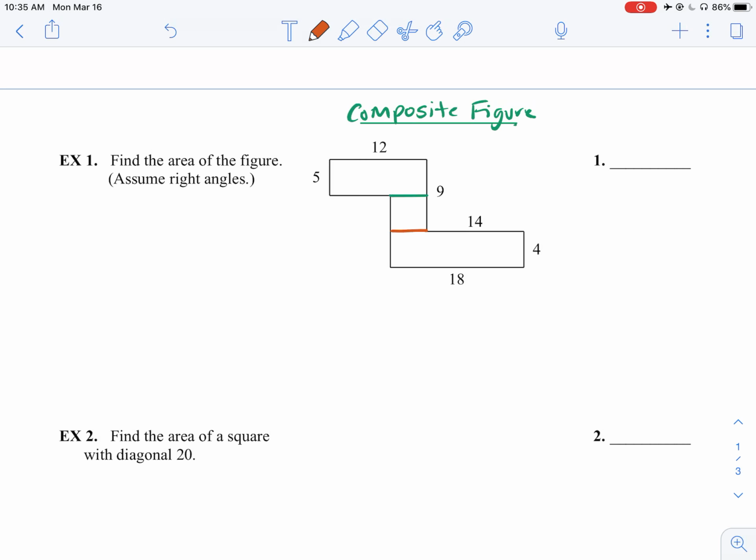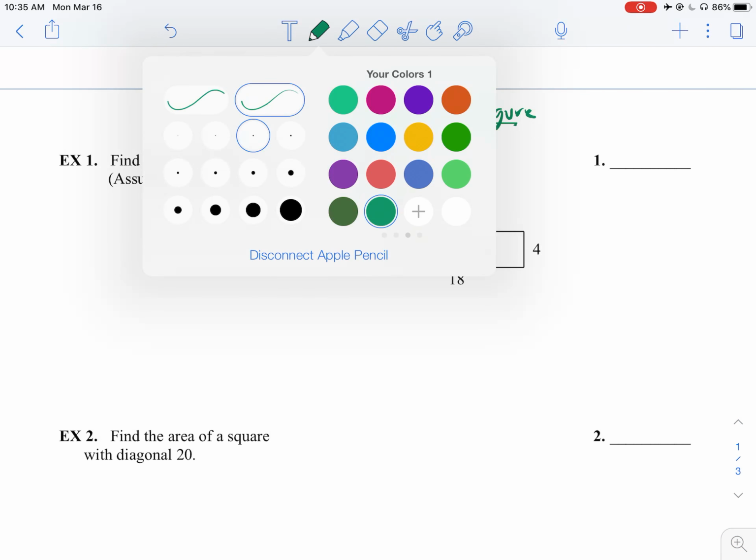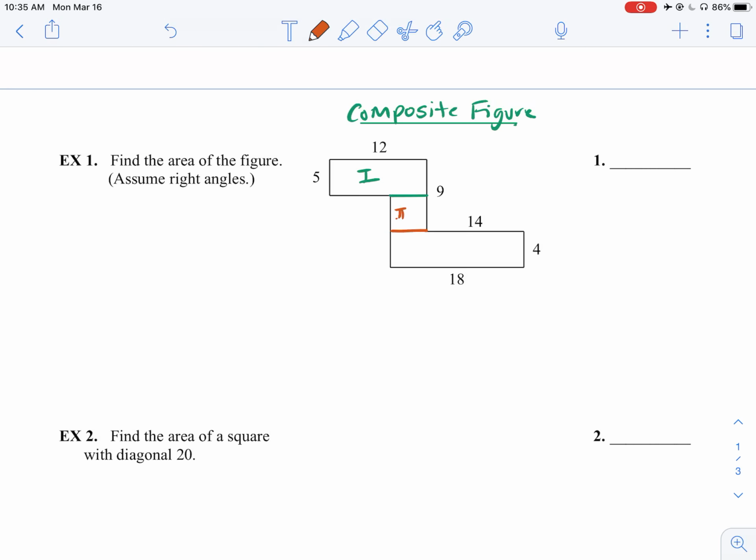So now what we want to do from here is figure out the area of the different rectangles. So now I have rectangle 1. My goal would be to find its area. I have rectangle 2, and I have rectangle 3. So at this point, for my top rectangle, its width is 5, its length is 12. I have all the information that I need.